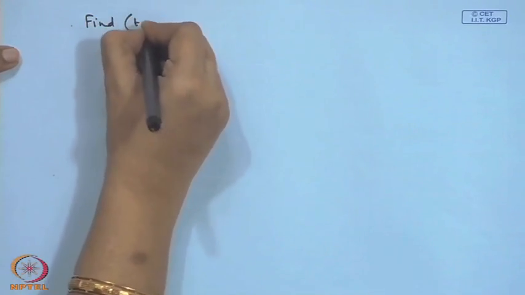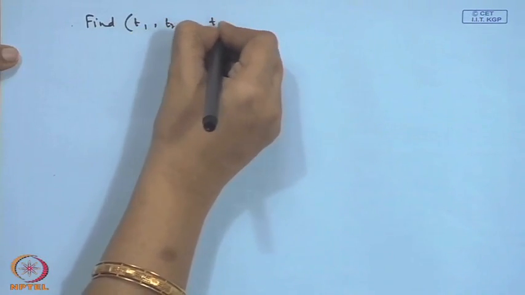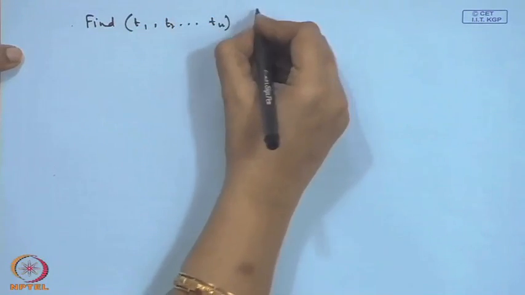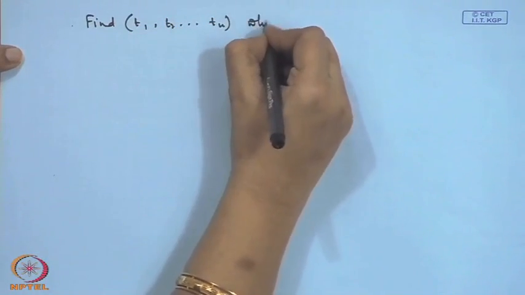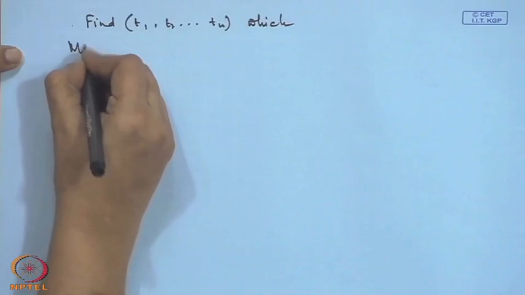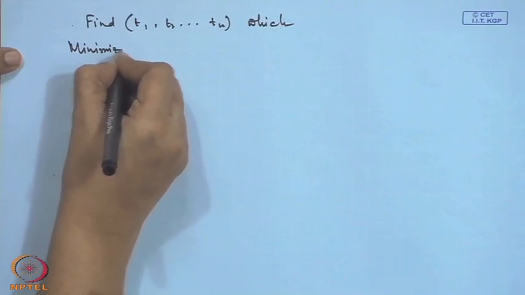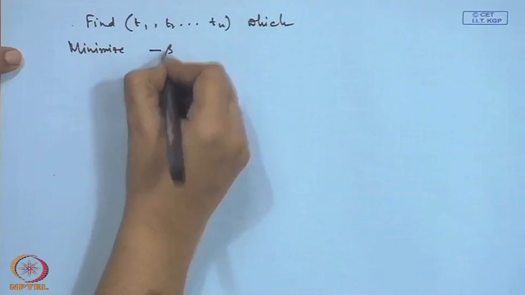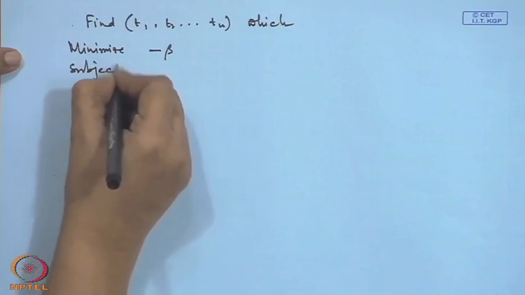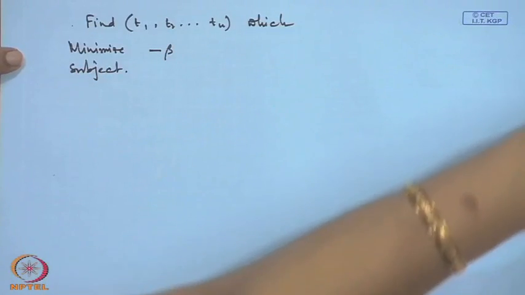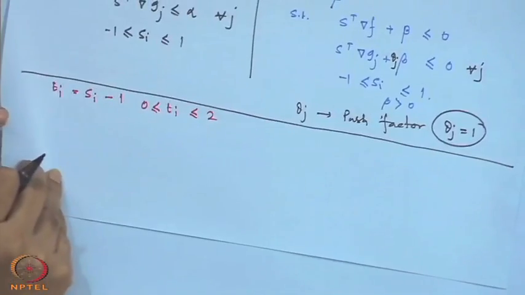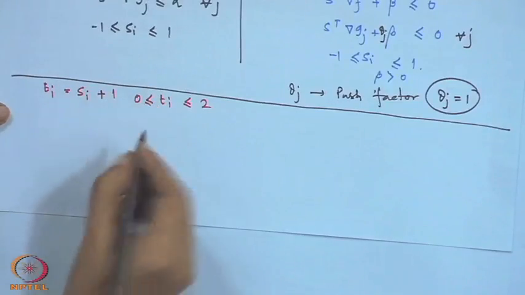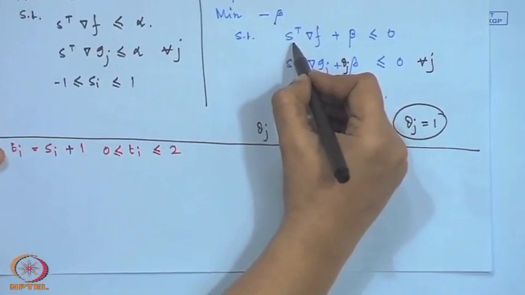Find T1, T2, Tn in place of S1, S2, Sn, which minimizes minus beta subject to, if we elaborate here, we are putting Si equal to Ti plus 1.